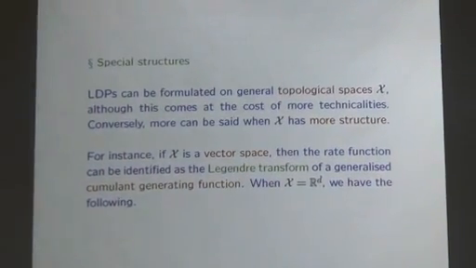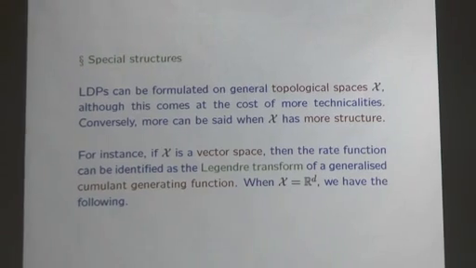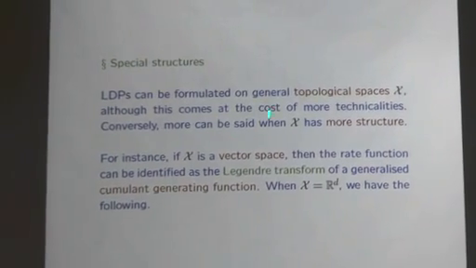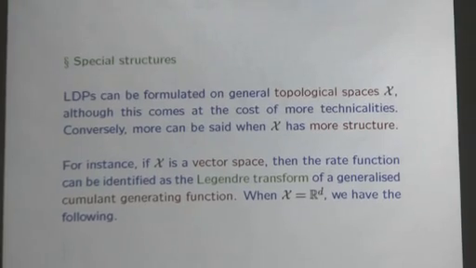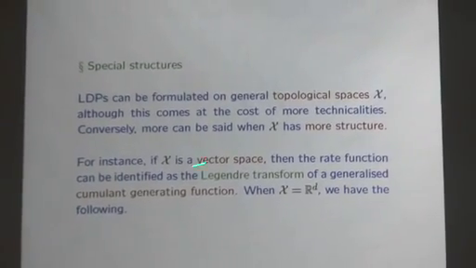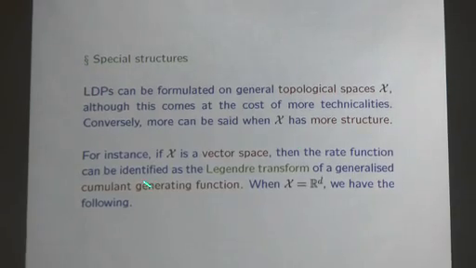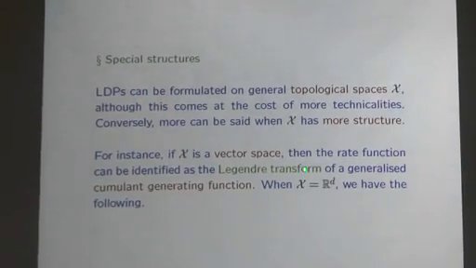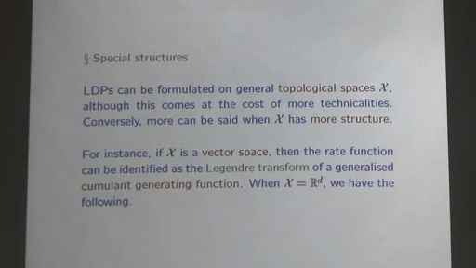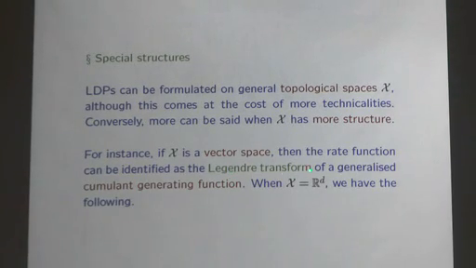So when I was talking about a Polish space, it could be completely general, but suppose I had a vector space. Then the rate function can be obtained as the Legendre transform of some cumulant generating function, and I'm going to show that to you now.